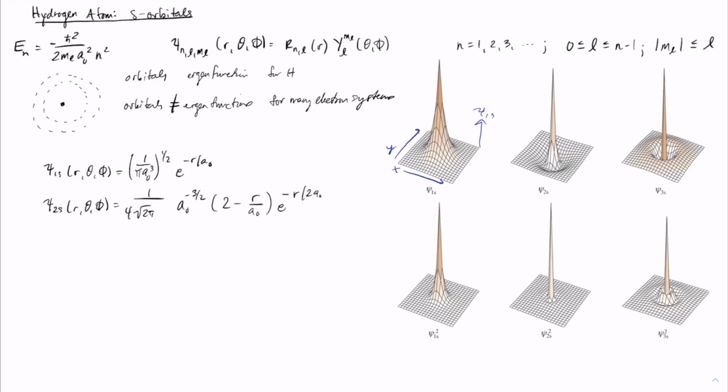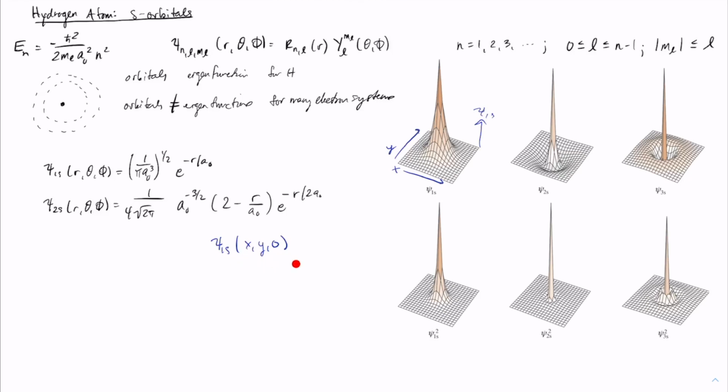What we're doing is taking a two-dimensional slice of it. So we're holding z fixed and changing both x and y. This corresponds to plotting the function psi 1s of x, y, and then letting z equal 0. So it's equivalent to transforming these functions into x, y, and z, holding z fixed at 0, and then plotting x and y.